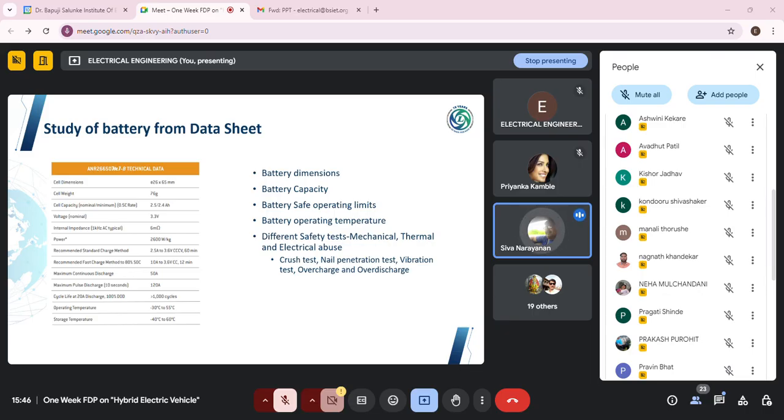Here every parameter is important because you have the cell weight. When you form a battery pack, we need to consider the total weight of the battery pack. Otherwise the battery pack will be good, but our vehicle will be unnecessarily loaded. So we need to avoid this. Similarly, what will be the resistance? Here the resistance is given as 6 milliohms.